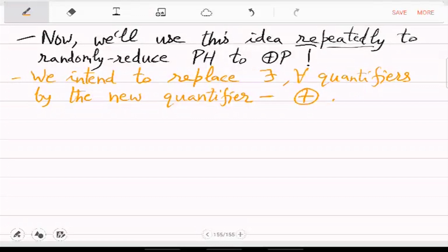So, instead of using 2 quantifiers, because they start alternating and then we do not understand reduction to sharp SAT, instead of that we will convert them to a single quantifier, which is this upcoming new quantifier, the parity quantifier.